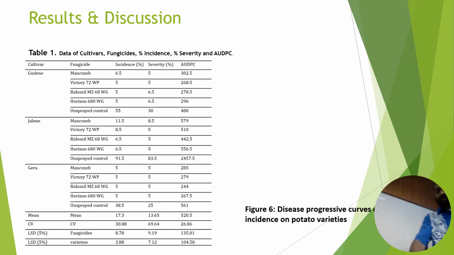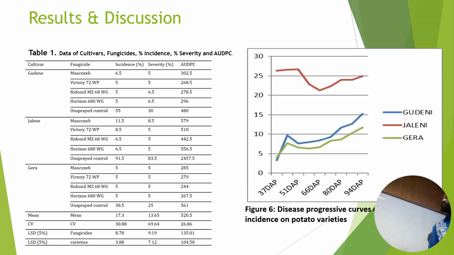Results and discussion. As you can see on Table 1, it contains the data of cultivars, fungicide, percentage incidence, percentage severity, and AUDPC or area under disease progress curve. Figure 6 is an abstraction from the graph displaying the relationship between the disease progress curve of incidence on potato varieties.